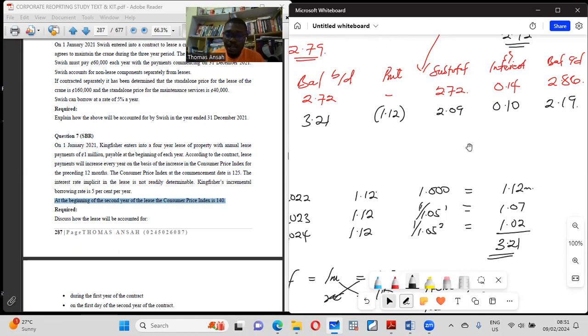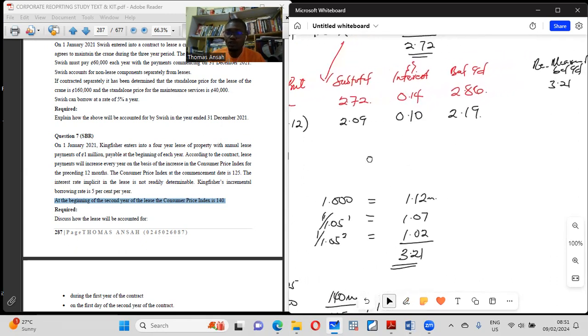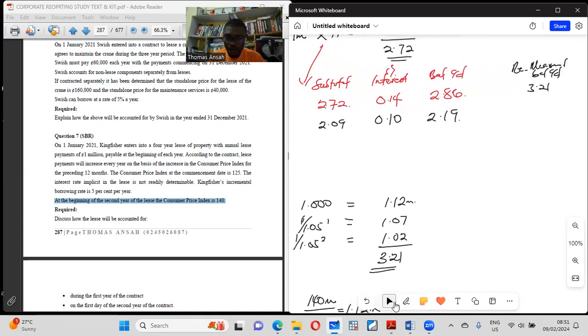Do we remeasure here too? No, because no new information has come to light. What we said was that this remeasurement aspect, the difference, is 3.21 minus 2.86, a difference of 0.35.